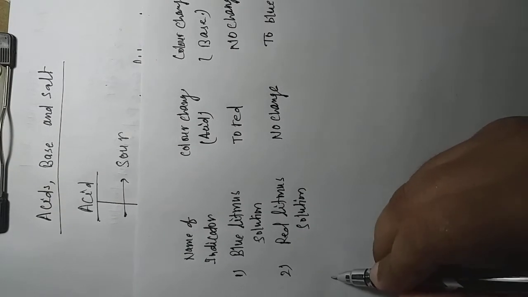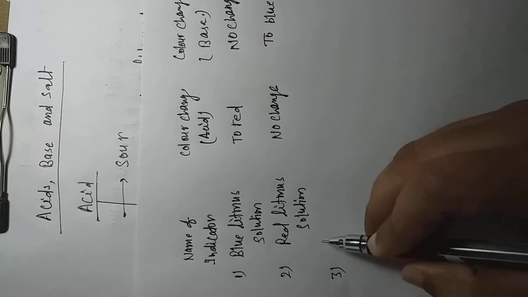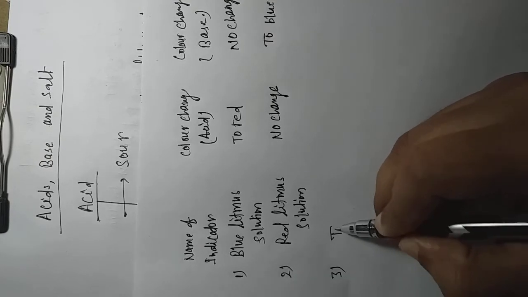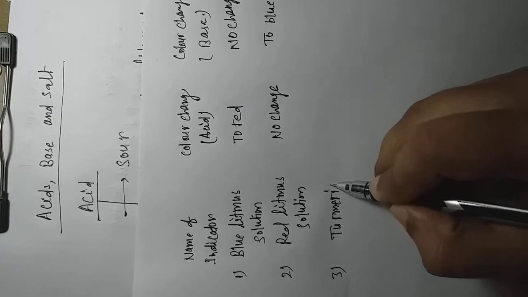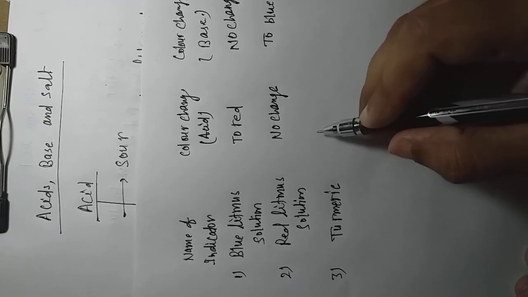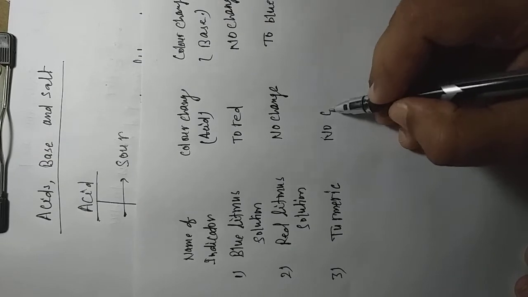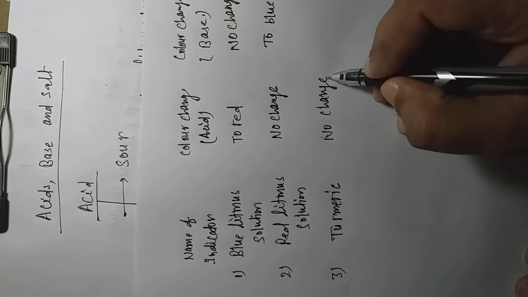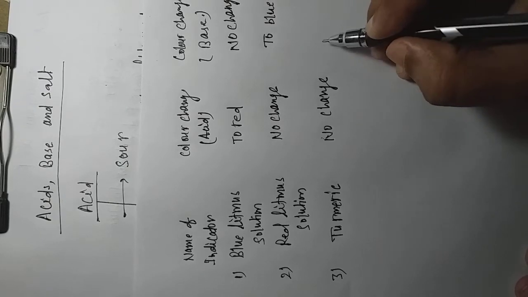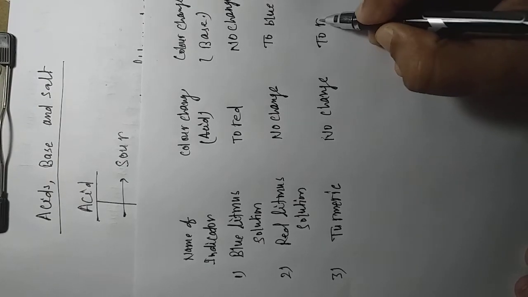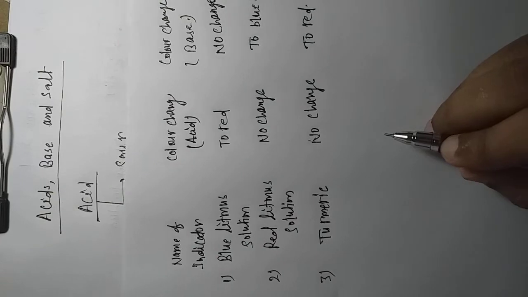Next we are taking third in the row, turmeric. In this case we are again observing no change in color in acid, but in case of base it converts into red. It converts into red, right?